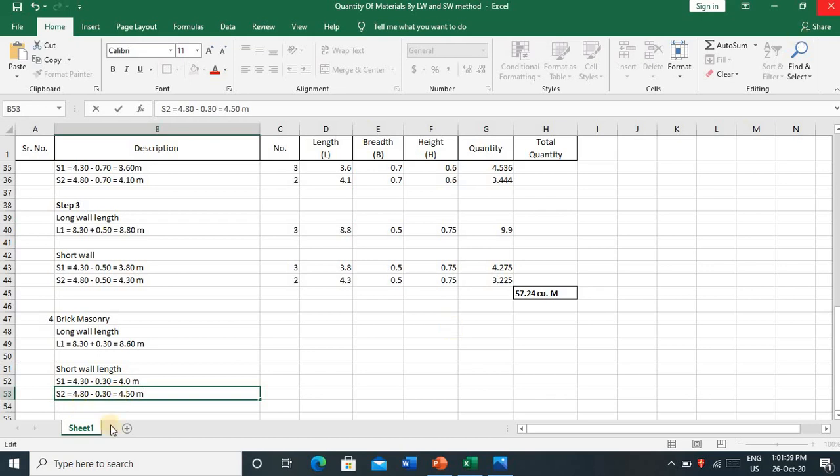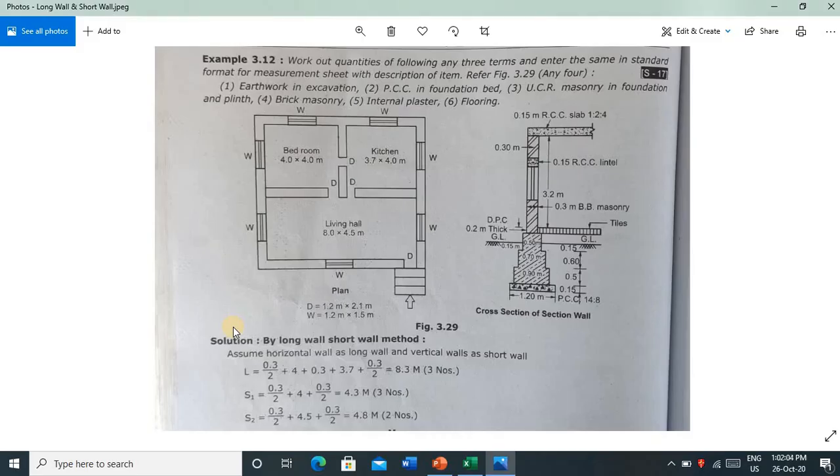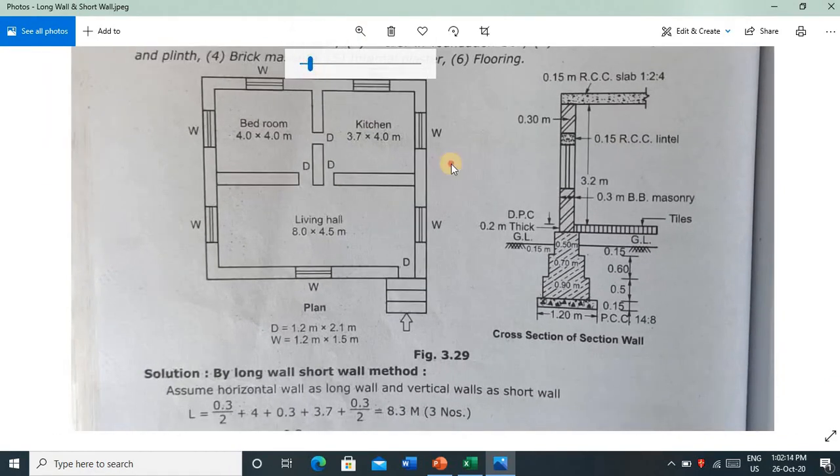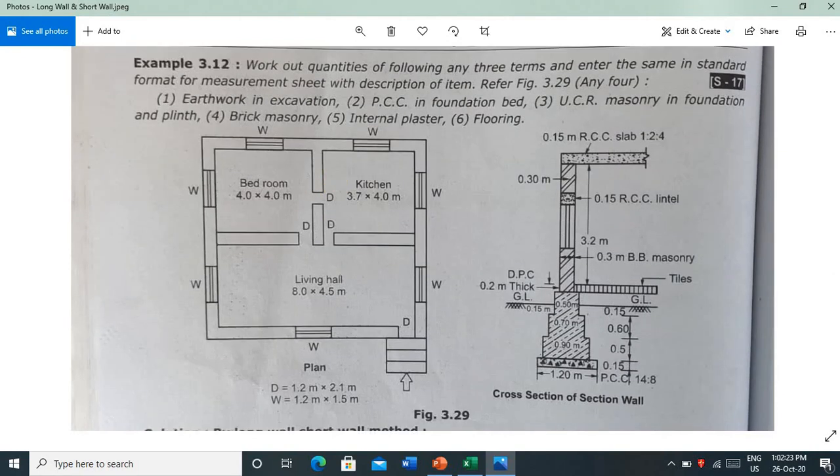Okay, so while calculating the brickwork quantity, you just need to take care of one thing, that is deductions. See, the deduction in brickwork will be doors and windows.